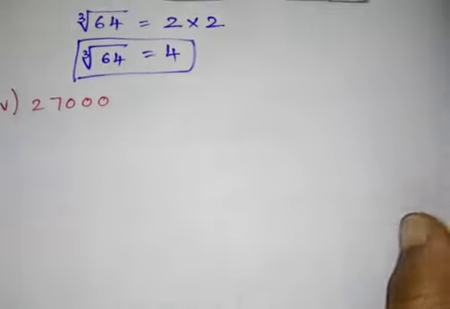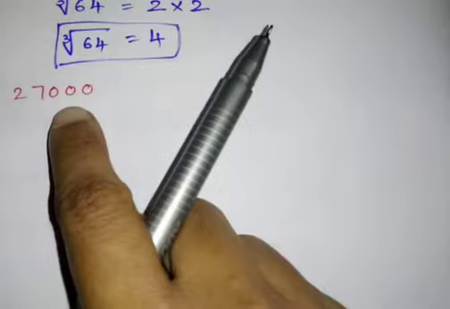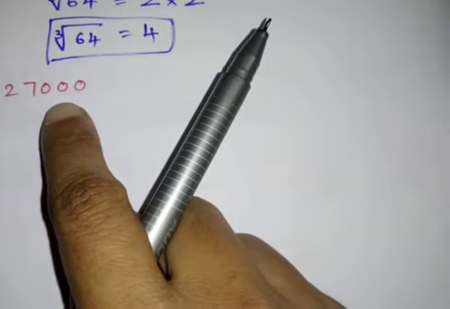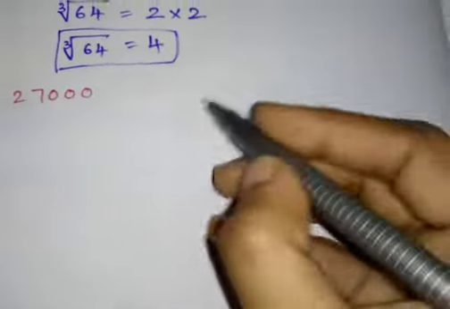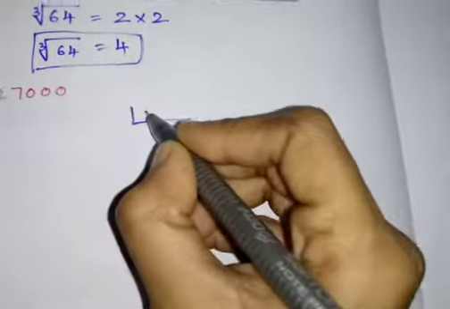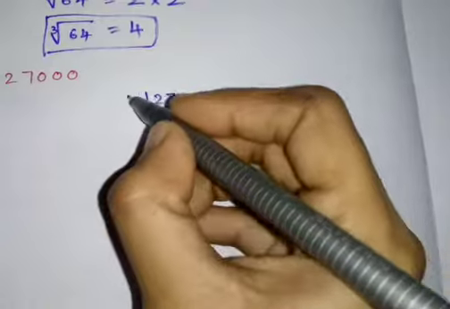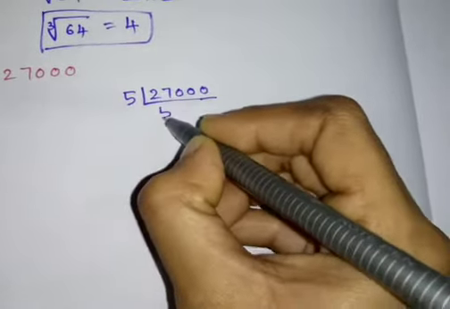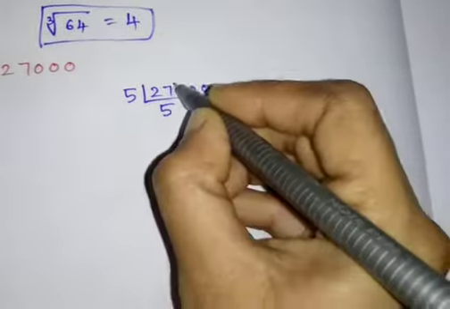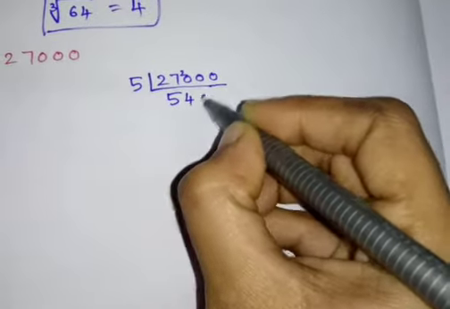Now we'll deal with the fourth problem. We have to find the cube root of 27,000. I'm going to do the prime factorization of 27,000. Now we'll go with the fifth table. 5 5s are 25, right? Remainder, 5 4s are 20, 0.